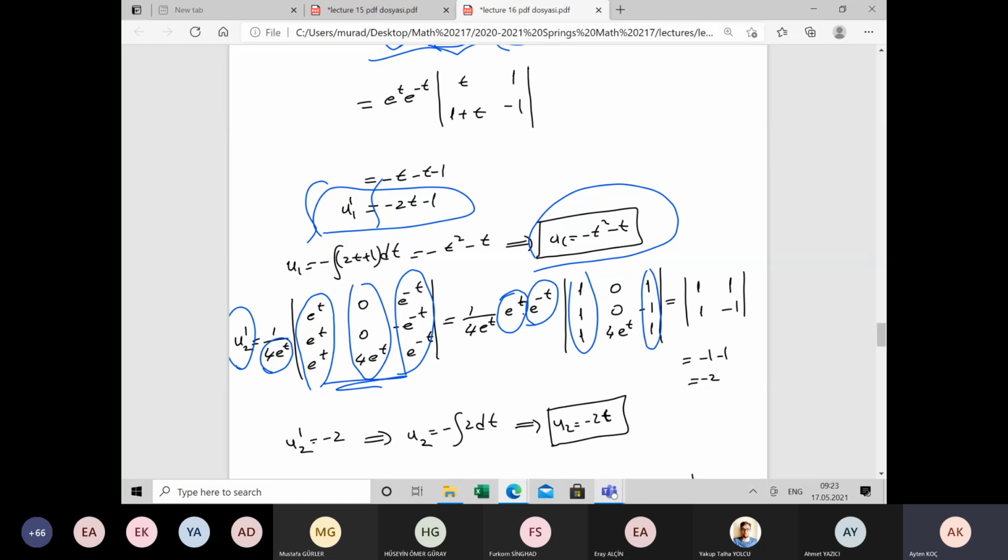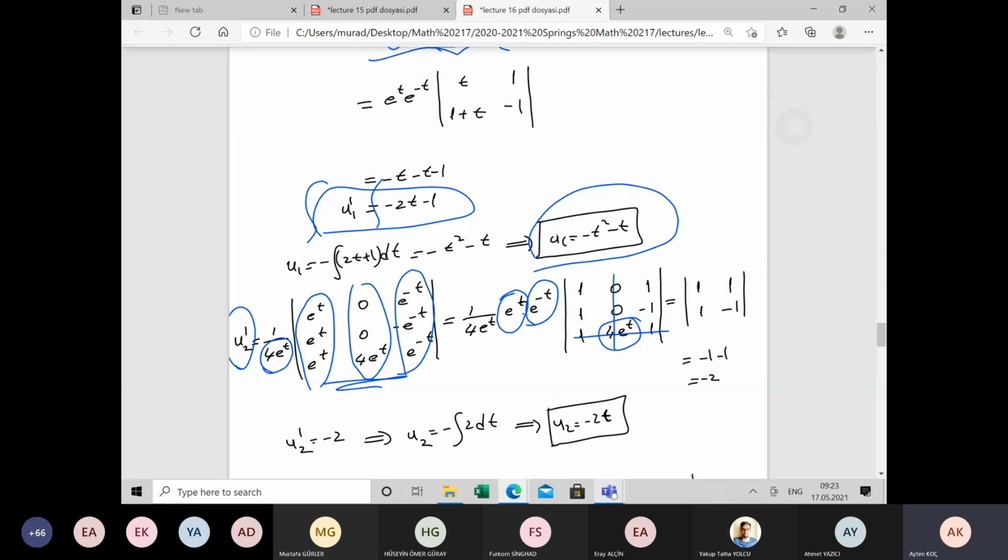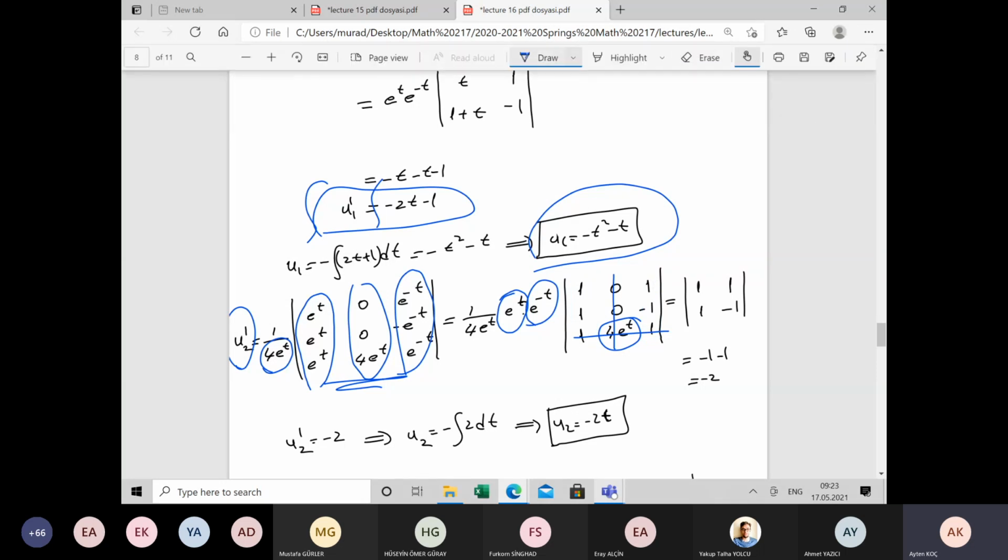It is easy to compute this determinant using the second column expansion. We obtain only 1 and a 2 by 2 determinant, and multiplying, this gives minus 2, non-zero.